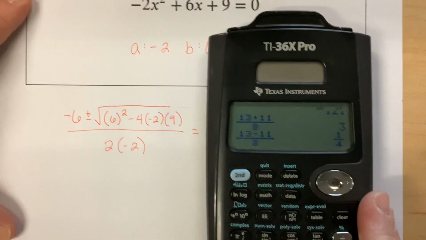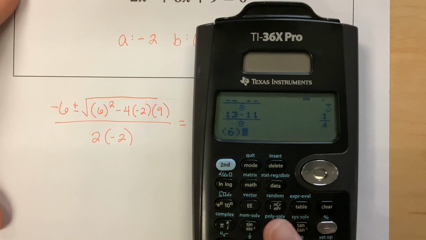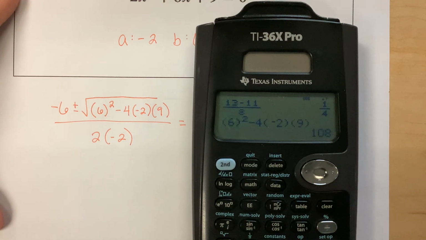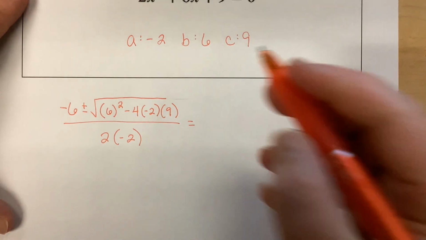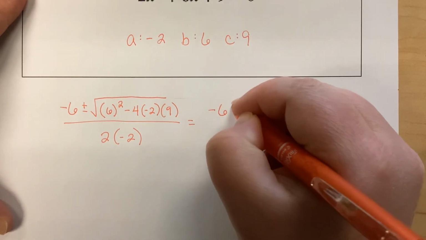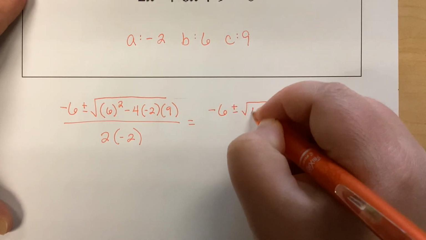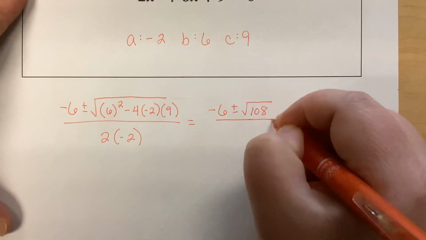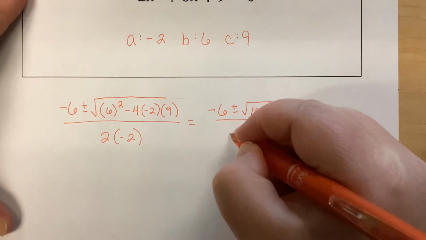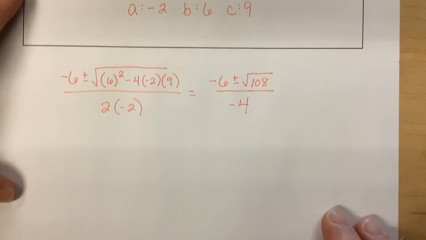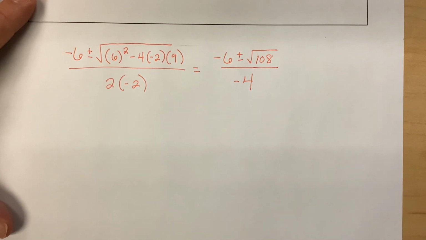All right, so we have 6 squared minus 4 times negative 2 times 9, which is 108. So now we have negative 6 plus or minus the square root of 108 over 2 times negative 2, which is negative 4.